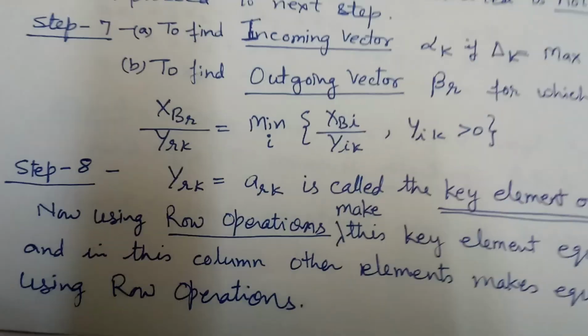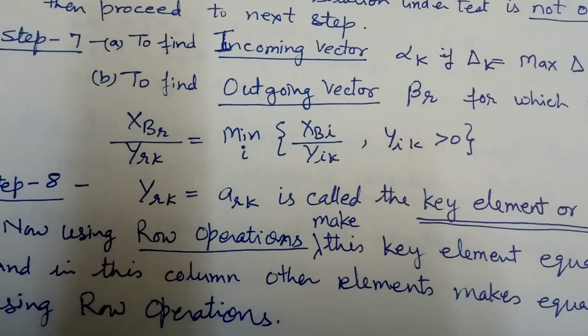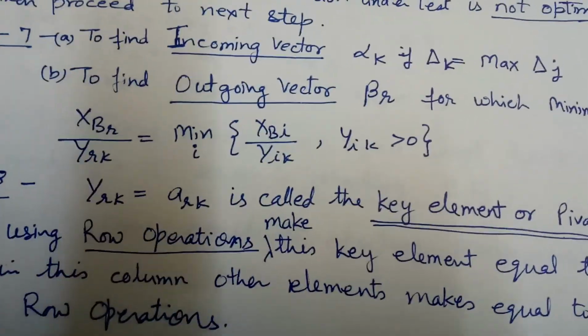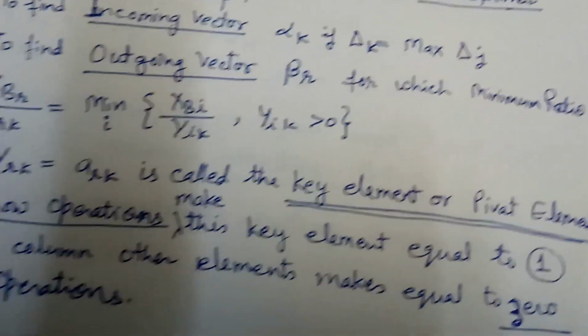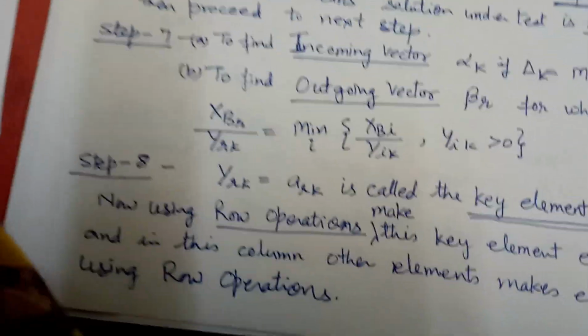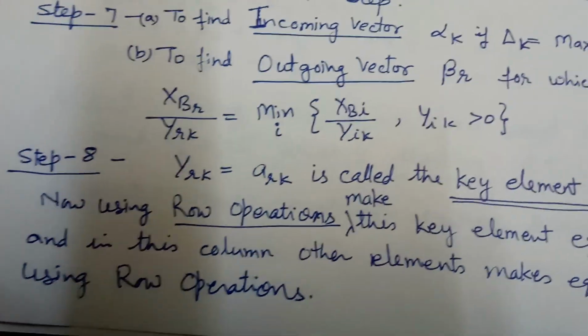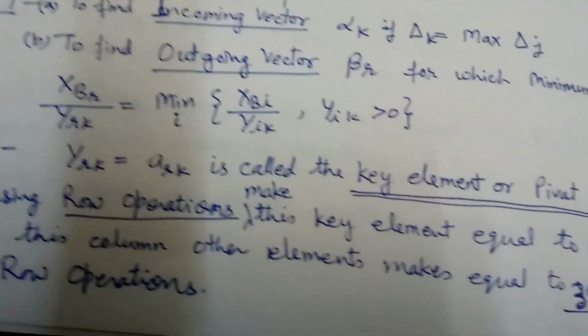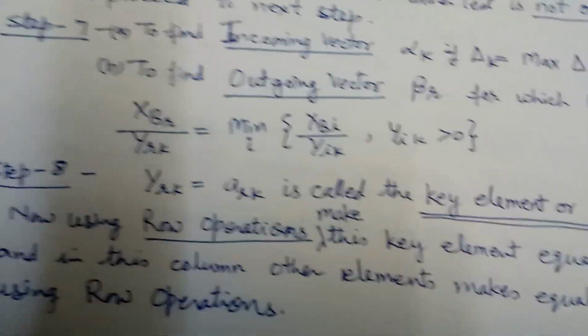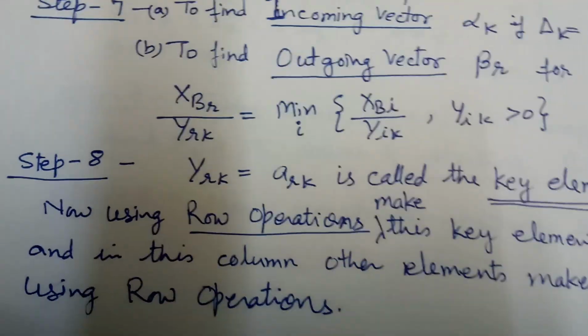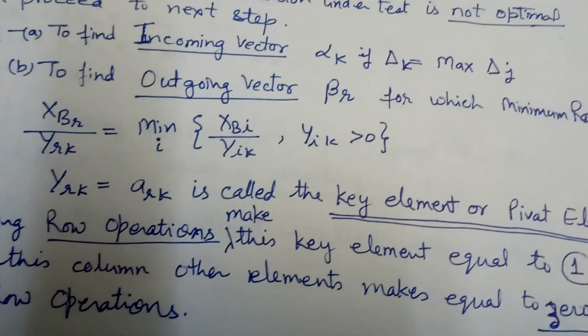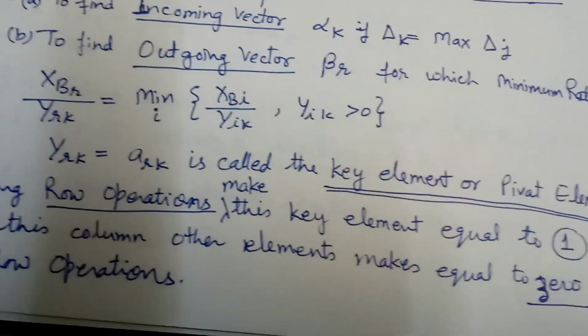Using row operations, make this key element equal to 1, and make the other elements in this column equal to 0 using only row operations with the help of the key row.